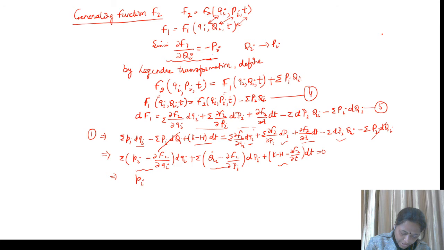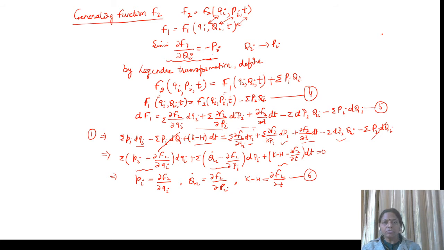So I get pi equal to delta f2 by delta qi, Qi equal to delta f2 by delta Pi, and K minus H is equal to delta f2 by delta t. So regarding a new type of generating function, that is f2, I get these equations. So if these equations are satisfied, again you can say that your transformation equation is canonical.